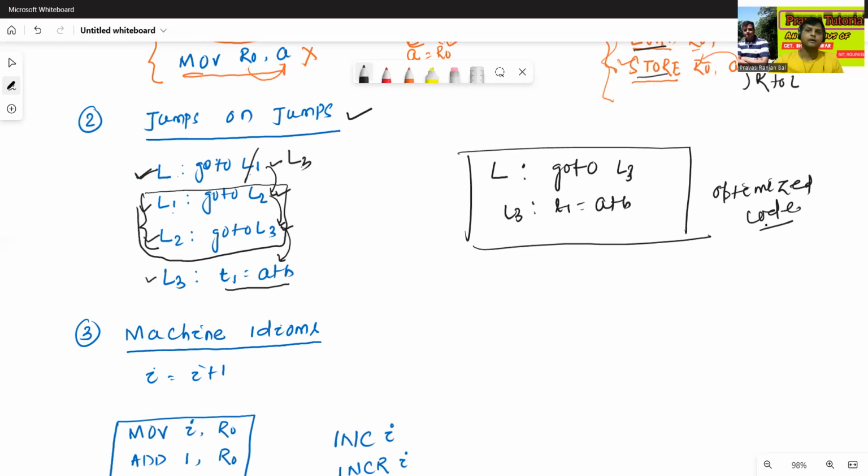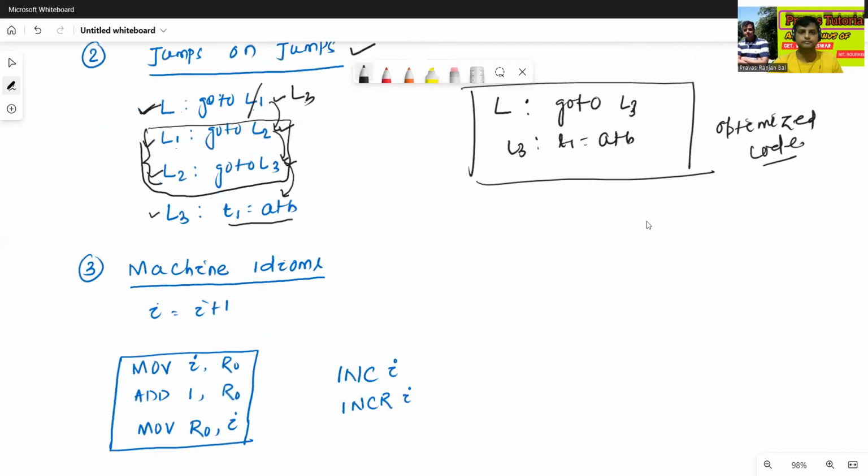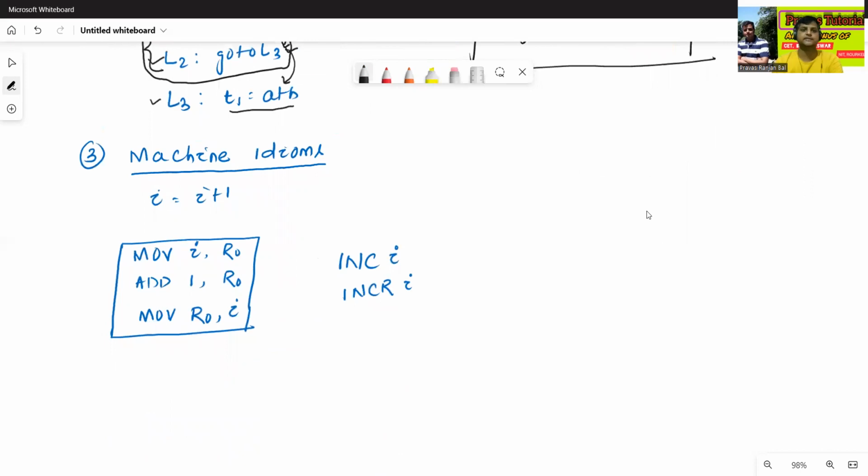Now we'll see the third peephole optimization, machine idioms. This is one of my increment operators, I equals I plus 1. We can write it like this: move this I value in R0.